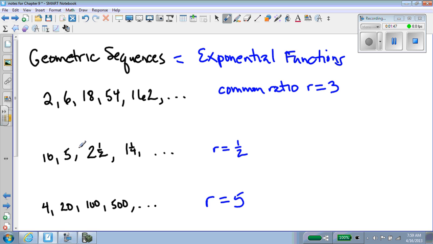It's also true that if your common ratio is a fraction less than 1, you start out losing, and then it starts to get incredibly small, but it never becomes nothing. So you get that look of either exponential growth, or in this case, exponential decay, where we never lose all of it. So it does have an exponential look to it.